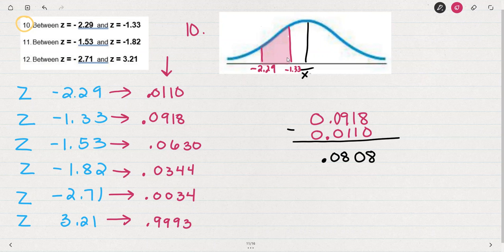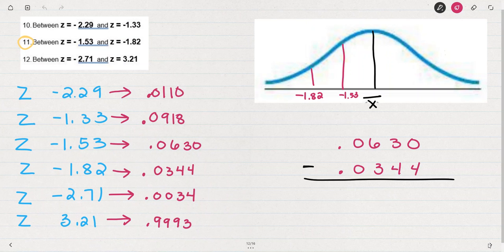Do you see that I'll have to take the score for the negative 1.33, 0.0918, and then I'll need to subtract this score for the 2.29, the 0.110. And then once I get that difference, I can change it to a percent.